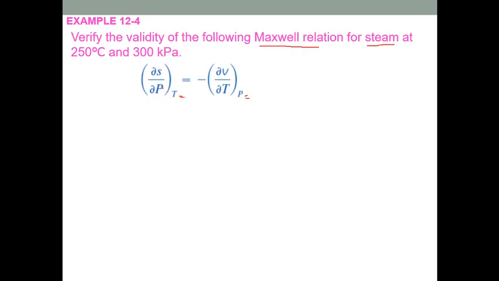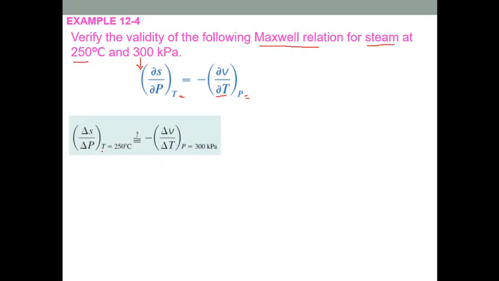For delta P, the given pressure is 300 kilopascal, so we have to choose two points close to 300 kilopascal. Similarly, for delta T, we have to choose two points from the table nearest to 250 degrees C to get the change in entropy and the value of the volume.